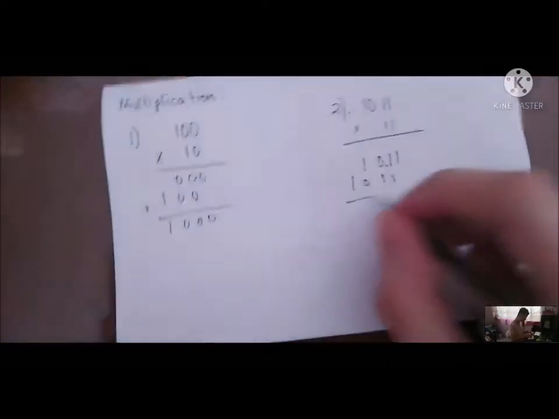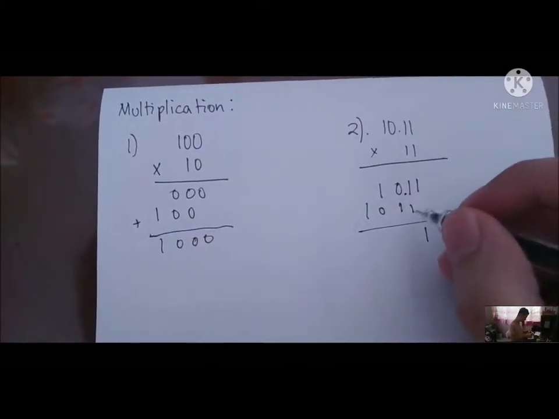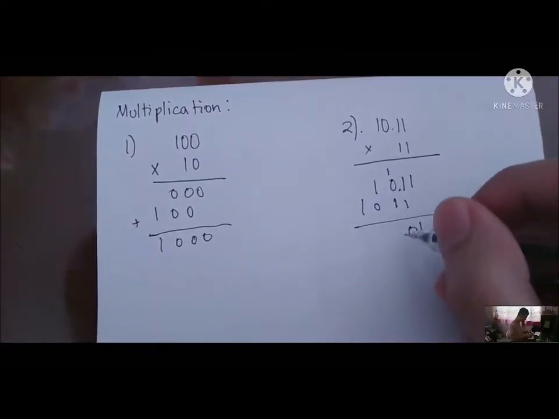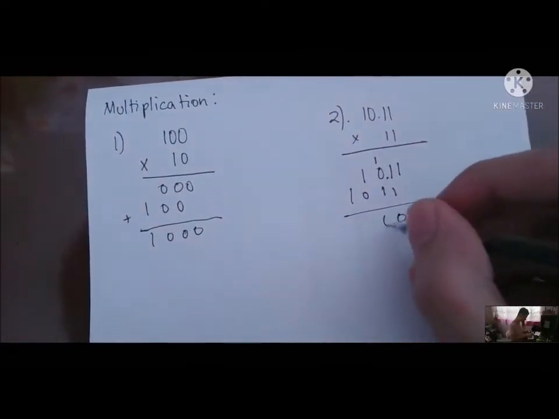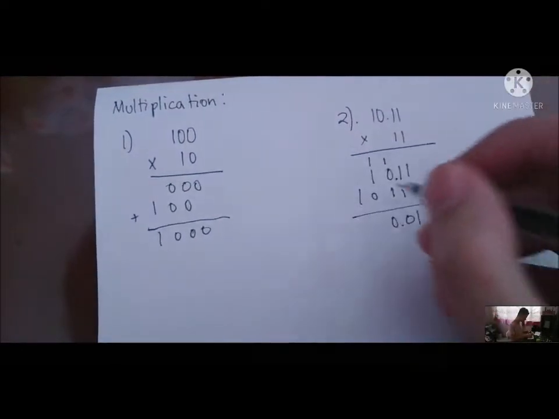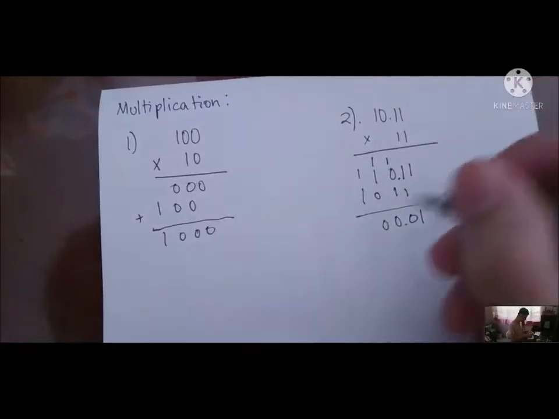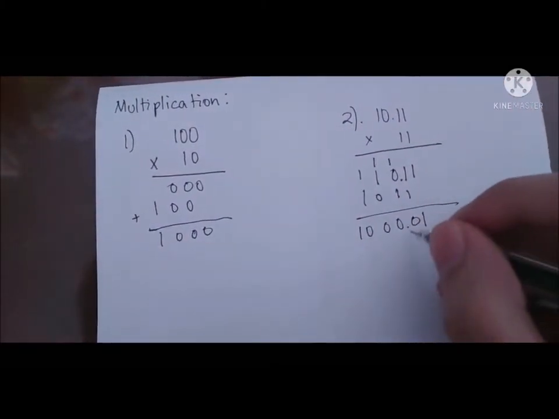Then we add: 1, bring down 1 here, and 1 plus 1 is equal to 10, so we write 0 and put 1 here, and then 1 plus 1 is equal to 10 again, so it's 0 and we put 1 here. So our answer is 1000.01.